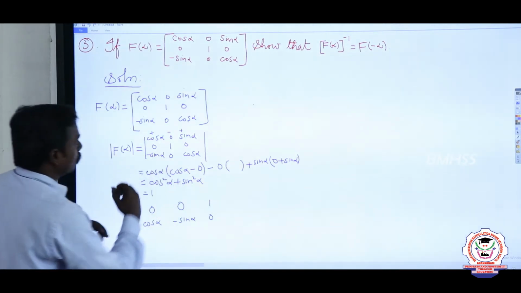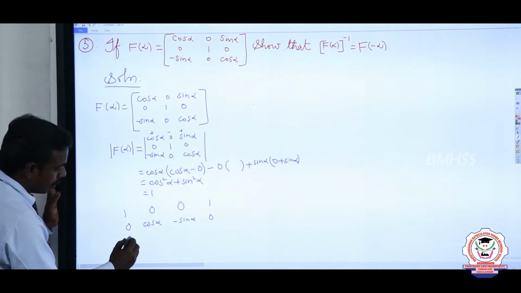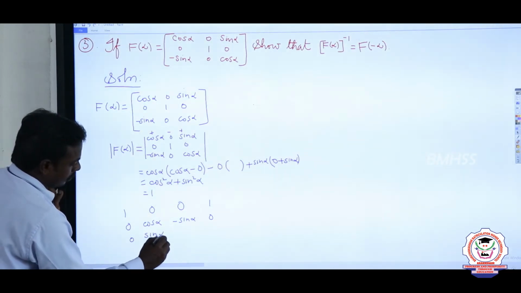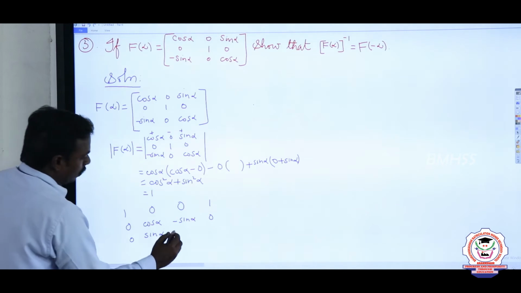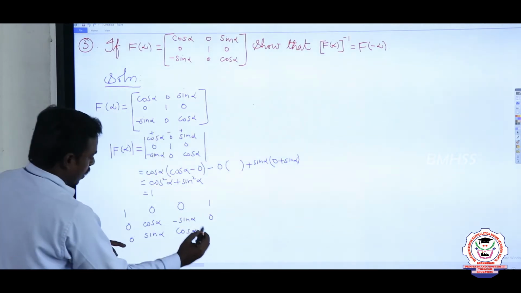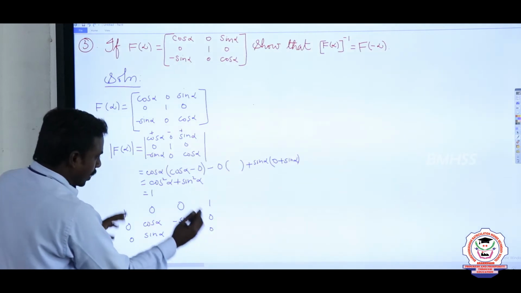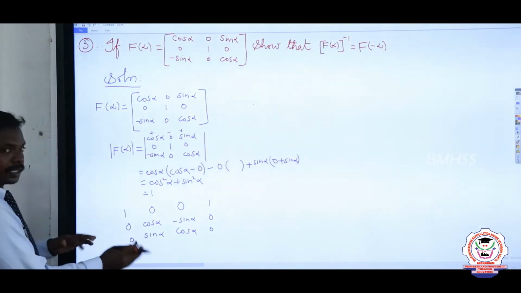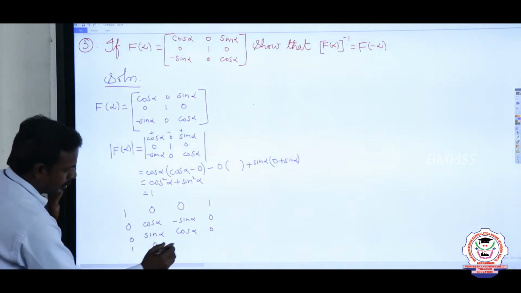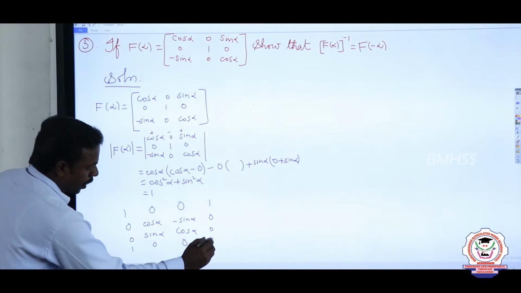From the first row, the second value is 0, sin alpha, again first value cos alpha, starting value 0. Once again we need to repeat all the values of the first row: 1, 0, 0, 1.